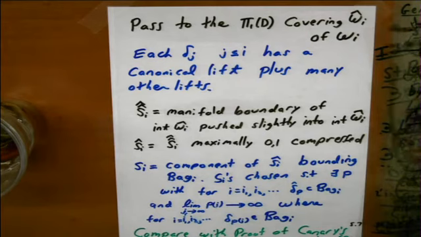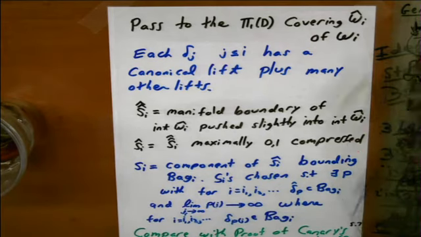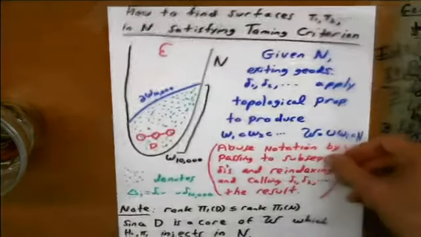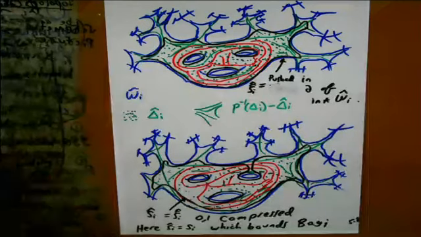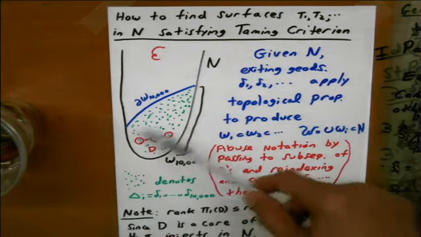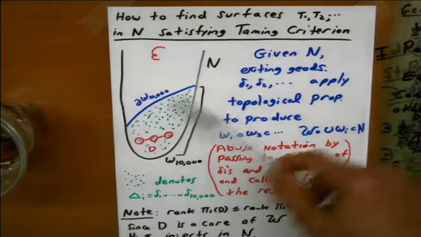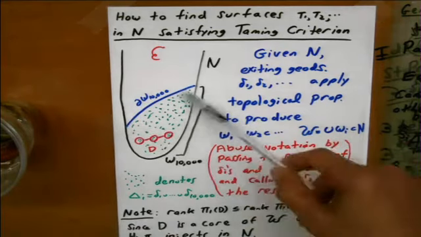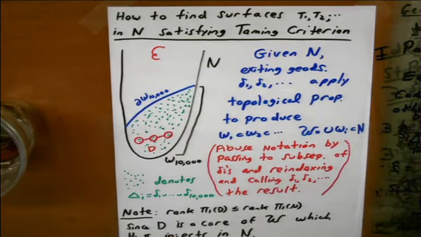Here it is in the ambient manifold, and here's this surface cutting off a piece of the end reduction, and here you have like 10,000 geodesics. Now the question is, I want a surface of genus 3, not a surface of genus 10,000 to shrink wrap. It's not going to do me much good if I shrink wrap this 10,000 guy. So how do I find a surface of genus 3?